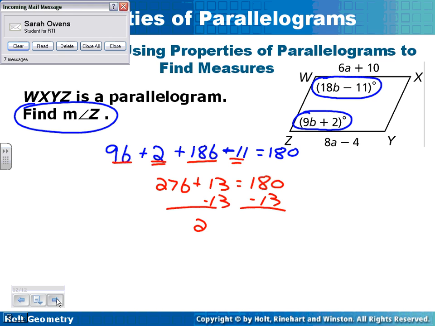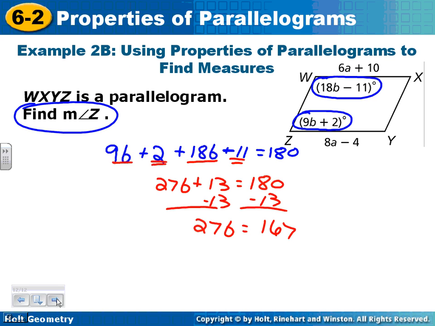That gives me 27b is 167. I don't know if that divides evenly or not. 167 divided by 27. Whoops. I see my mistake. Let me back up here. Sorry about this.